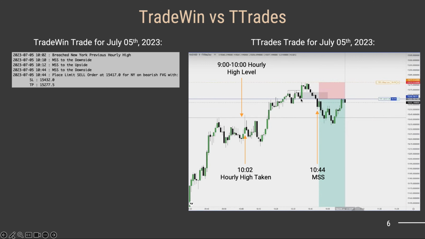Okay. So here again, what's important to notice is that TTrades doesn't explain how he finds his swing highs and lows to decide where the market structure shift could happen or not. And here in this specific trade, he talks about the gray zone you can see, which he marks as a breaker block.